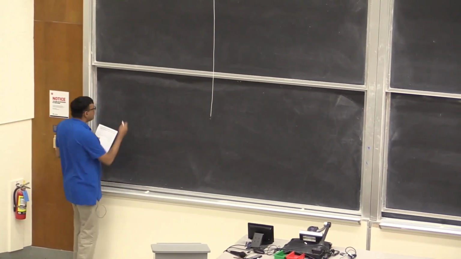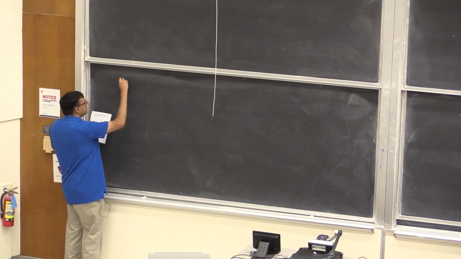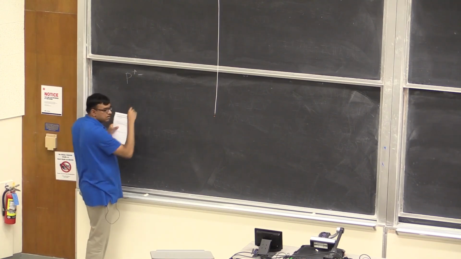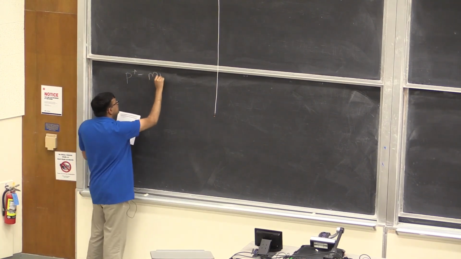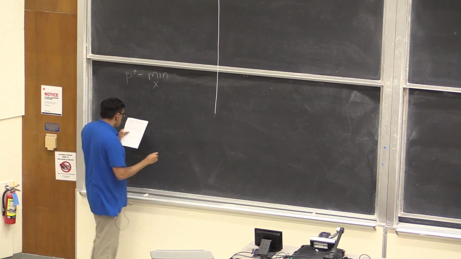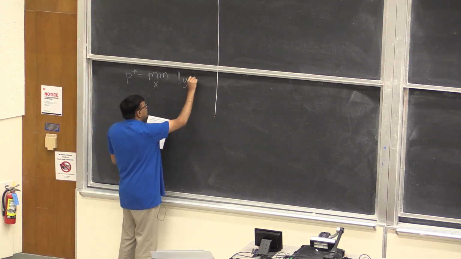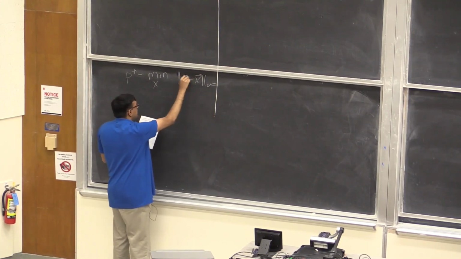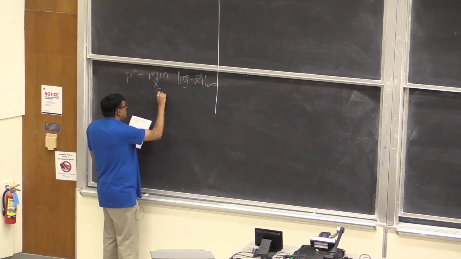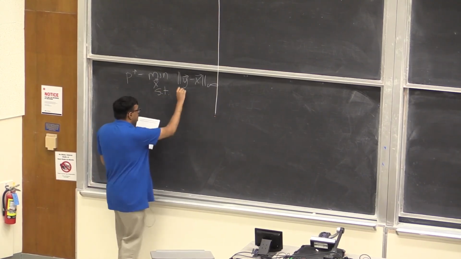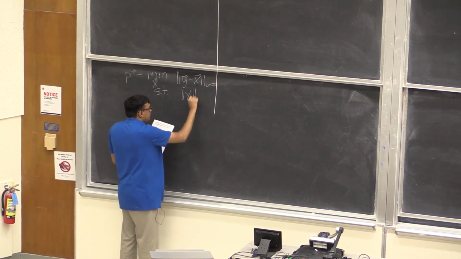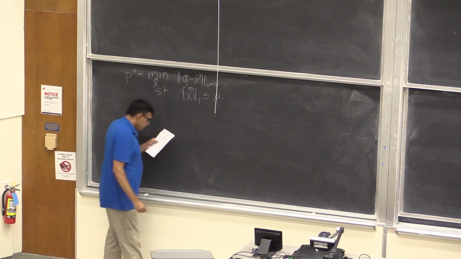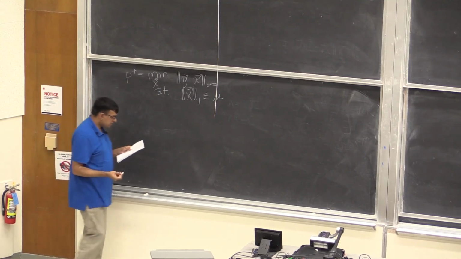Okay, so the first problem is about duality. We have this first problem, which is about solving P star equals the min over x of the infinity norm of y minus x. These are all vectors in R^d, subject to one constraint: the one norm of x is less than or equal to some constant mu, where mu is greater than 0.